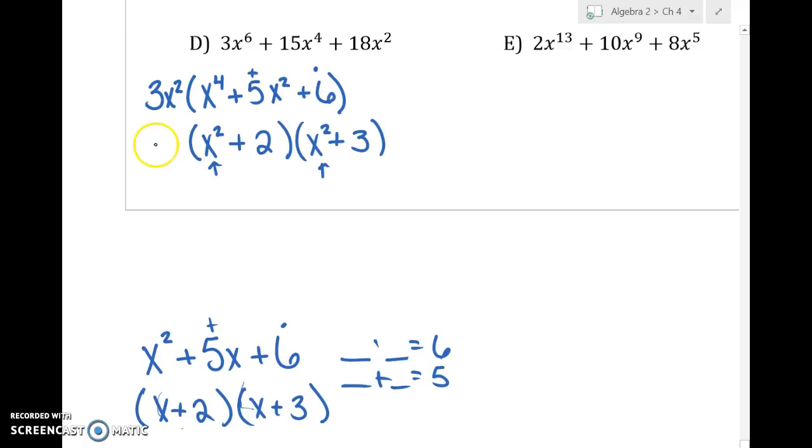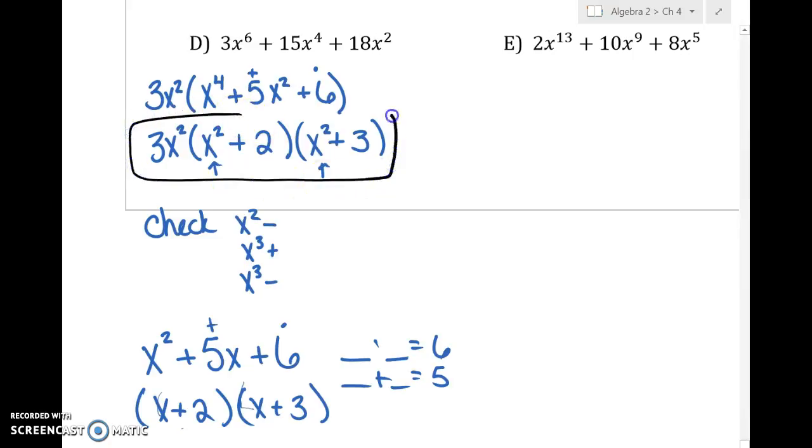Don't forget that we have the 3x squared out front. And again, check to see. If you have x squared minus, you're probably not done. If you have x to the third plus or x to the third minus, you may have more factoring that you need to do. But I think this one is done. Well, I know that it's done.